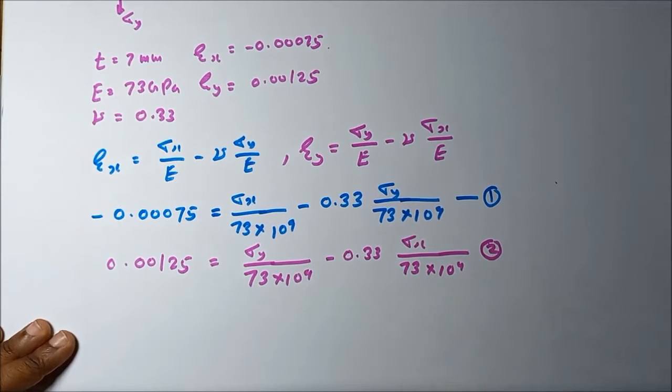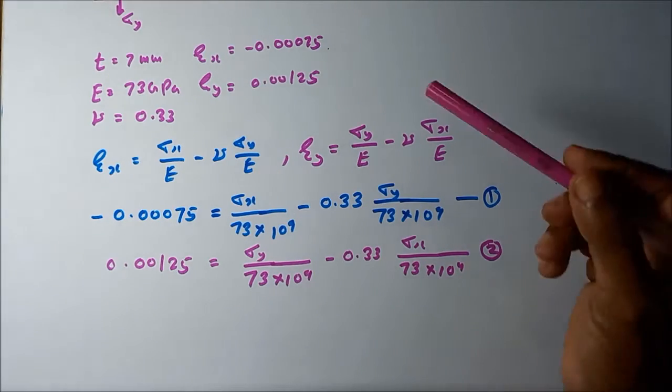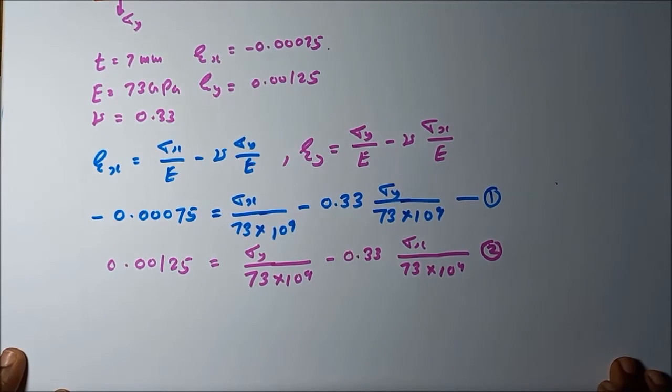That is equation 2. You can see the two equations, and the two unknowns, sigma x and sigma y. So then we can easily find sigma x and sigma y using the simultaneous equations.